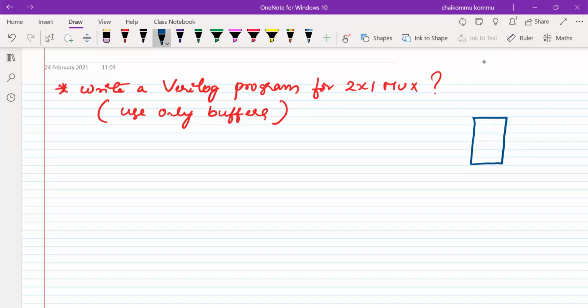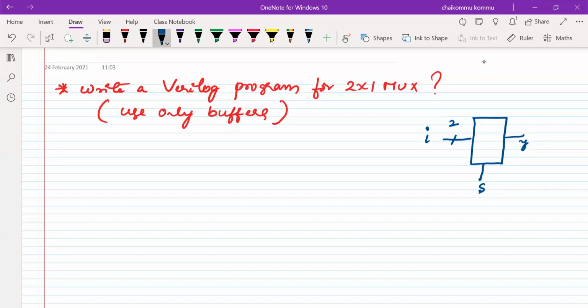I'm interested in writing vector notation. In the vector notation, 2 inputs means I will consider a 2-bit size, and the selection line is only one selection line. Y is my output line. Now, what is inside of this black box?